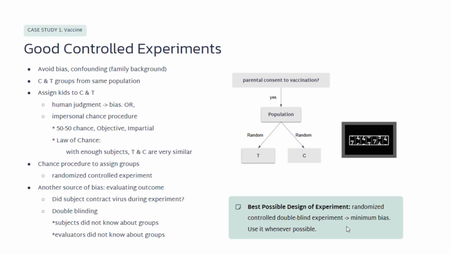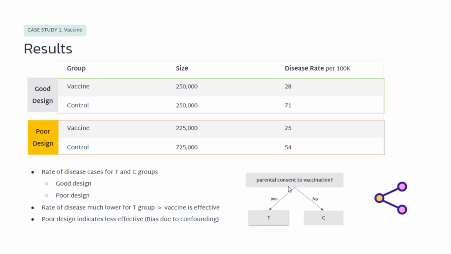Okay, now let's see in our vaccination case study, how did it go? How did it all turn out? What was the result? So in this table, you see the rate of polio disease cases per 100,000 subjects for the treatment group, for the vaccinated group, and for the control group.